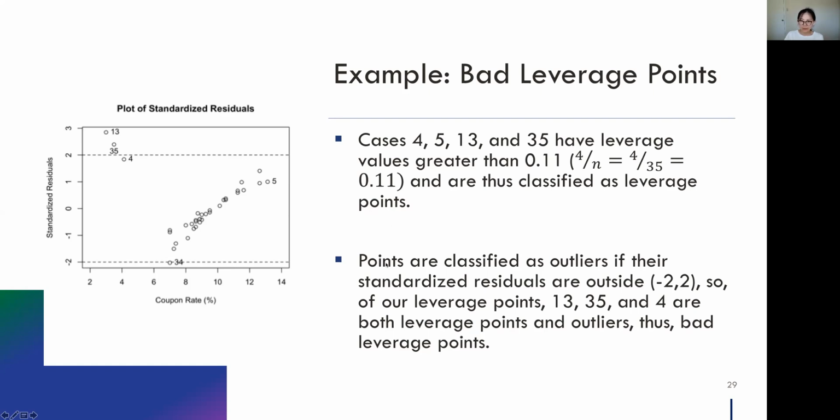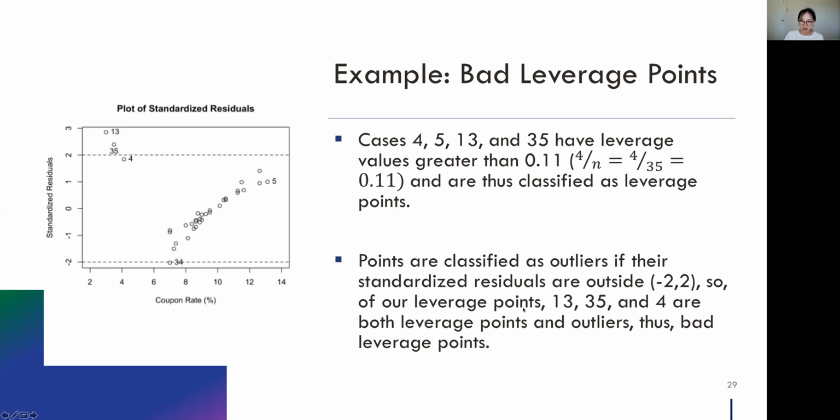And if a high leverage point is also an outlier, that means it's a bad leverage point. Points are classified as outliers if their standardized residuals are outside the interval -2 to 2.